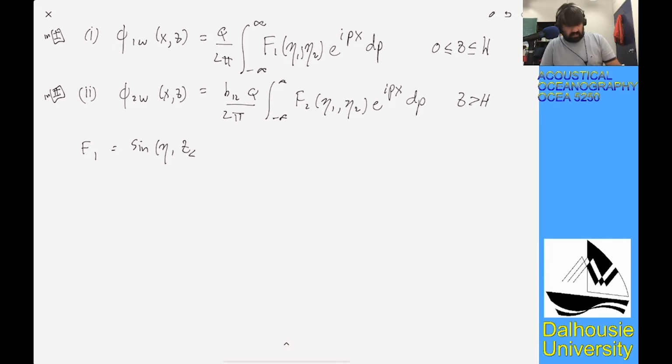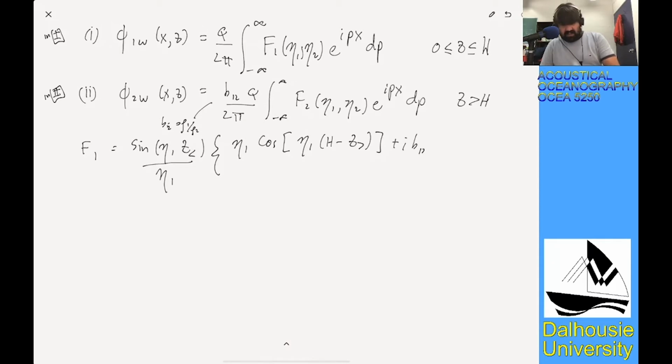Oh, I should also say, before I get into that, B12 is a ratio of densities. F1 is this function here, and you can really just see that this complicated function really comes from just evaluating the boundary conditions and solving two equations simultaneously, essentially.